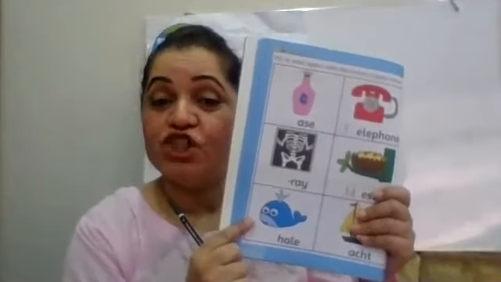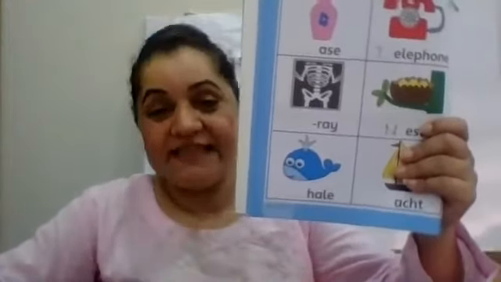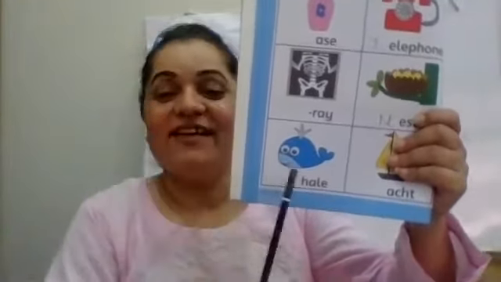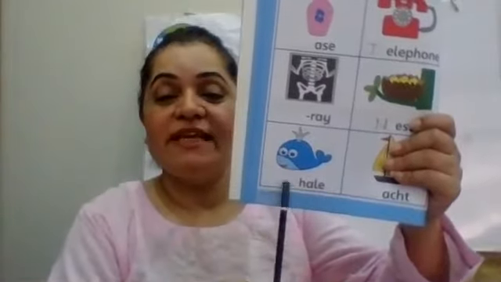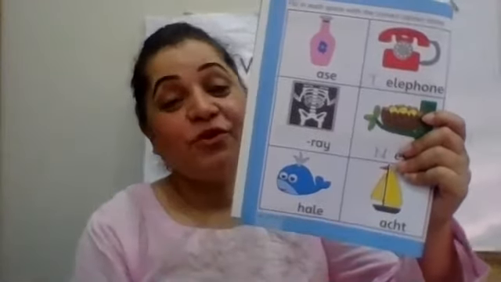W is for watch. W is for whale. Yes, that's great. I know you know that. So you're going to write here capital W. That's good. Okay, the last one is yacht. What are you going to write here?